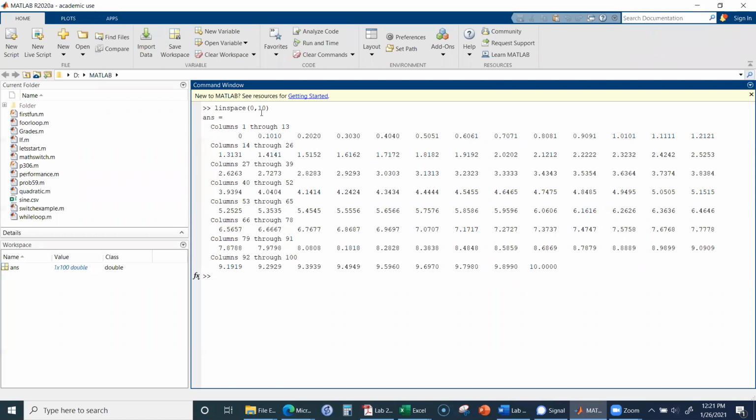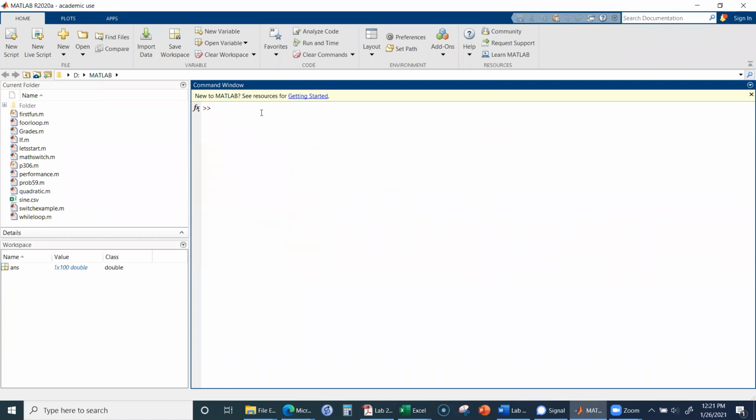Okay, so in case I want linspace from 1 to 10 with 9 equally spaced numbers, how will it go?